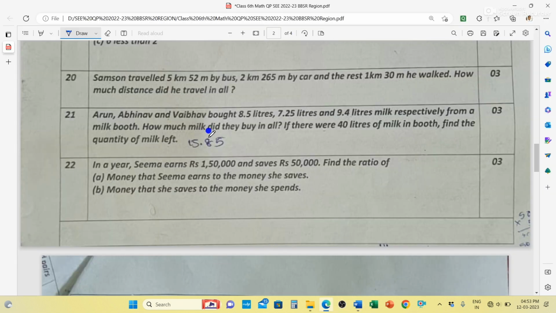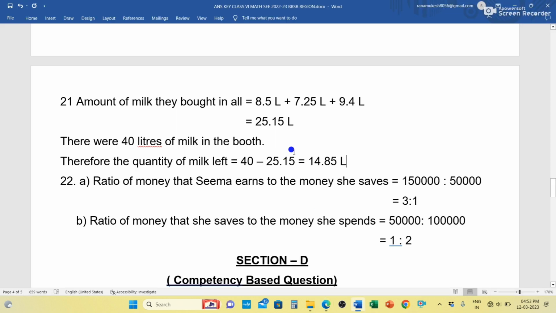Not 15.85, that was a mistake. Okay, the answer will be 14.85. If you subtract 25.15 from 40, you will get 14.85.